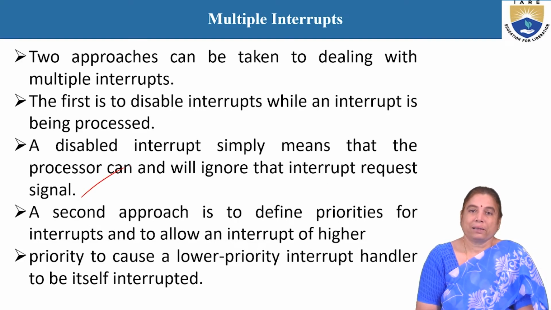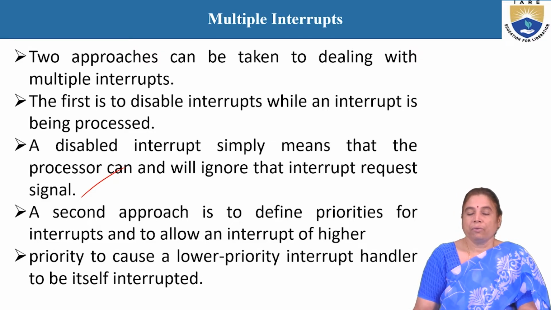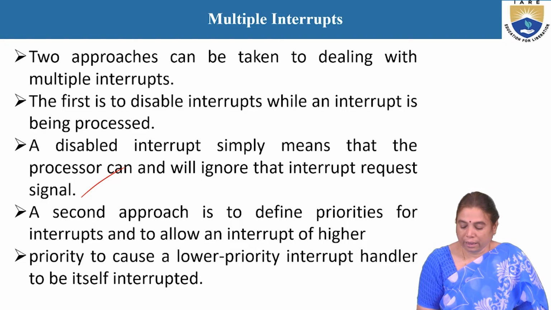So those are maskable interrupts. A second approach is to define priorities for the interrupts and allow an interrupt of higher priority to cause a lower priority interrupt to wait. So these are the two approaches that can be used when multiple interrupts can be raised at a time.